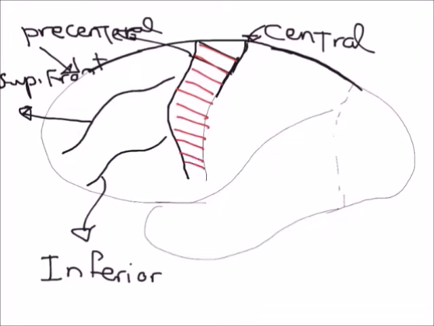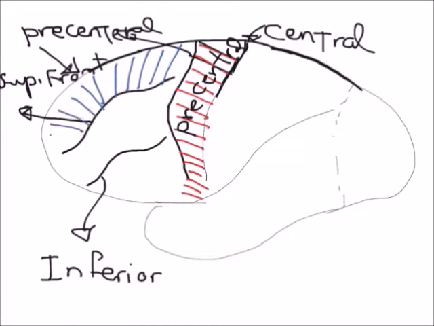between the central sulcus and the precentral sulcus. This gyrus is called the precentral gyrus. And this one here, just above the superior frontal sulcus, is the superior frontal gyrus.